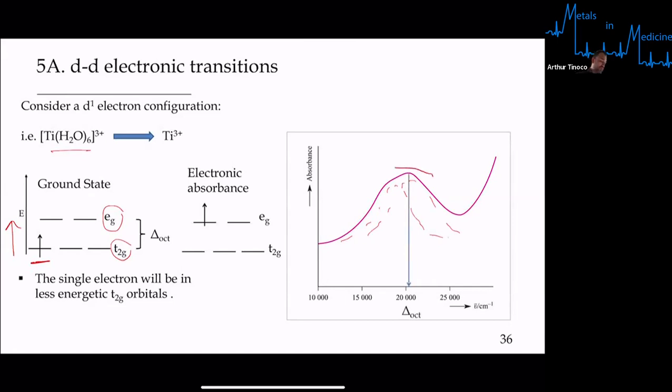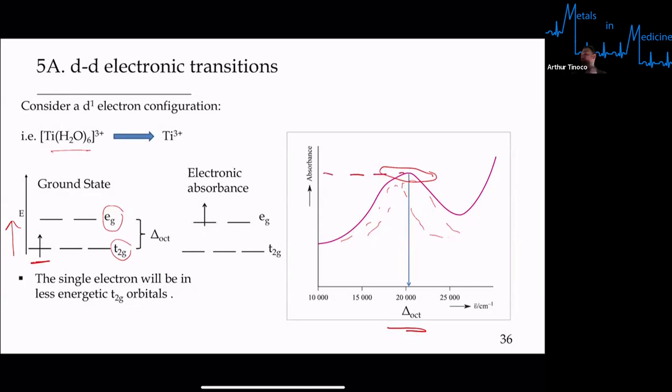All right, so let's focus on where the apex of that particular absorbance is. And so that will mark the energy that in theory corresponds to the delta octahedral, and that is the separation between t2g and eg. So that gives us the energy that corresponds to that transition, but something else that we are going to focus on is the intensity.